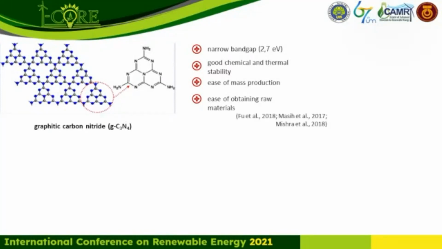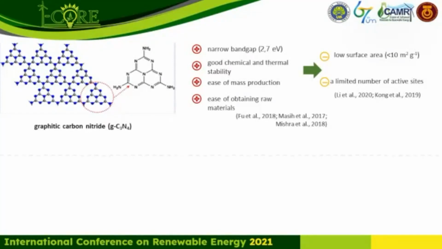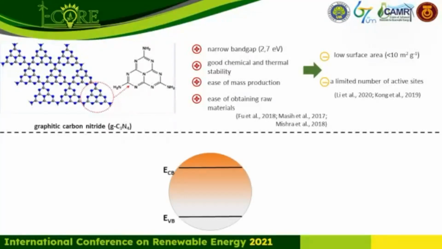However, bulk graphitic carbon nitride naturally has a low surface area, less than 10 square meters per gram, and a limited number of active sites. So the recombination rate of photogenerated holes and electrons becomes very high. Therefore, efforts to obtain graphitic carbon nitride with a large surface area to improve charge separation efficiency are of great importance.